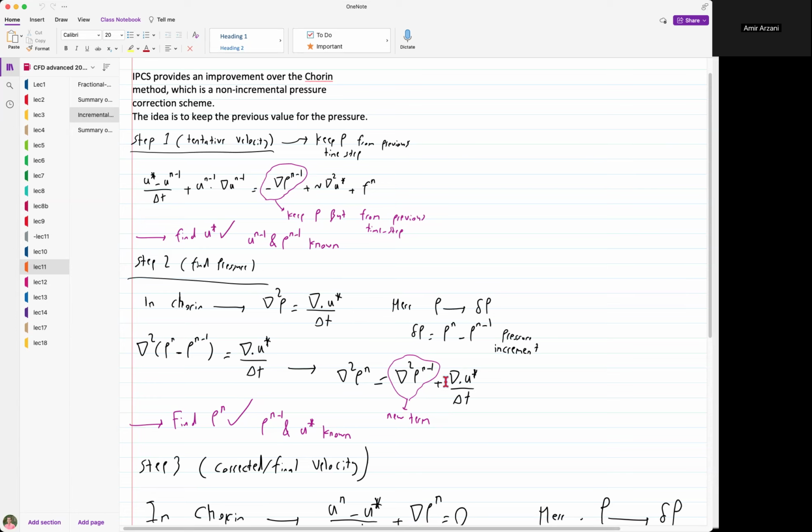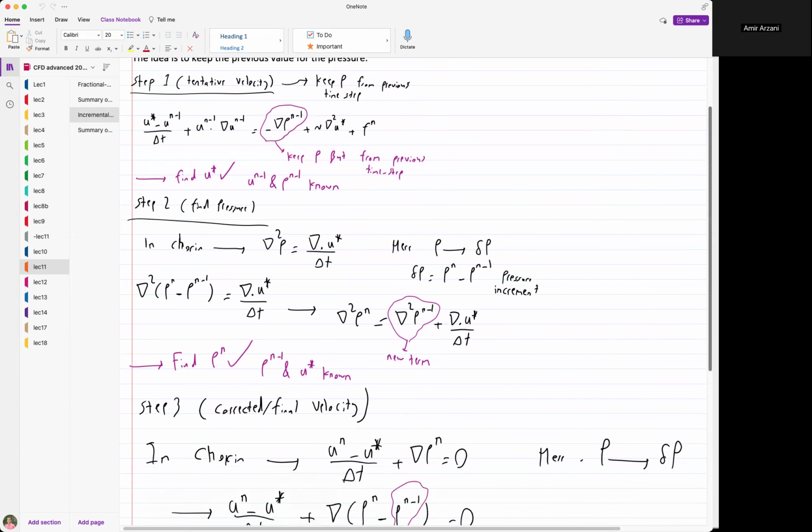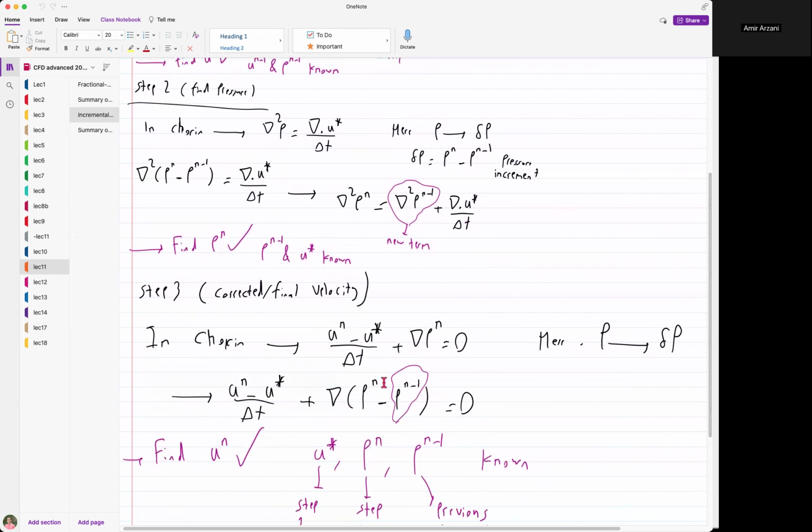In this case, the divergence of the tentative velocity, which you know from step 1, as well as a new term, which is now included in the ICPS method, which is the Laplacian of P n minus 1, which comes from the previous time step. So here P n minus 1 and U star are known, and you find the pressure at the current time step.